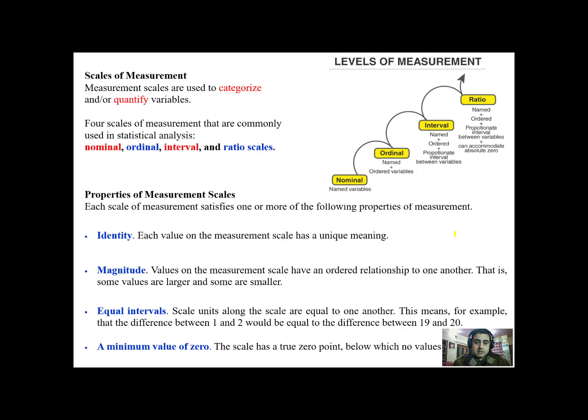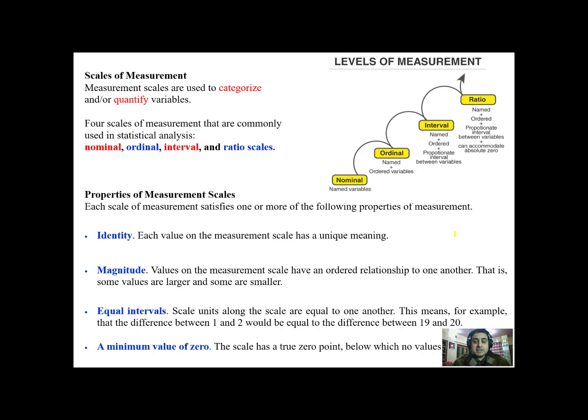There is a third property of measurement scale called equal intervals. Now, when I say 5 meter height, and then there's another plant which has 6 meter height, and a third plant which has 7 meter height.